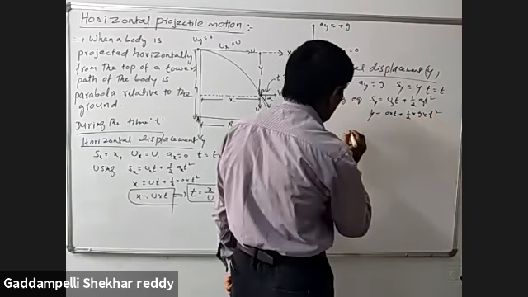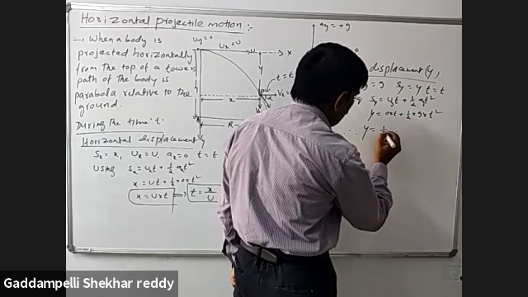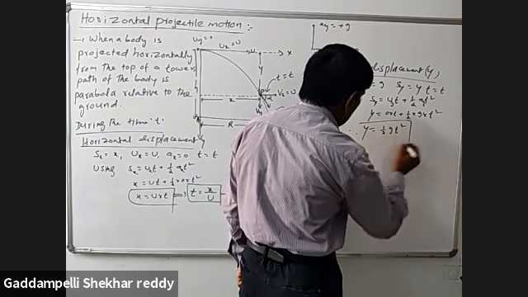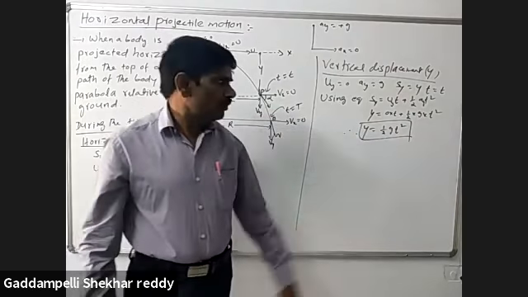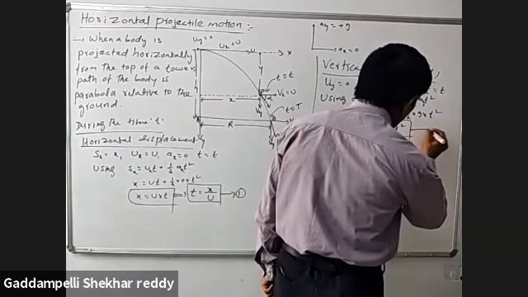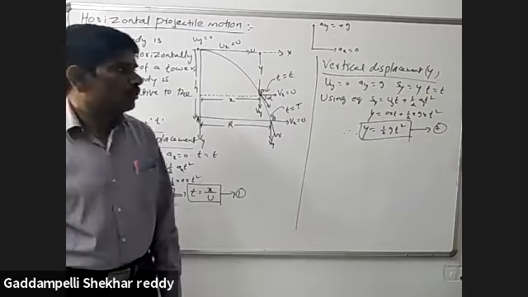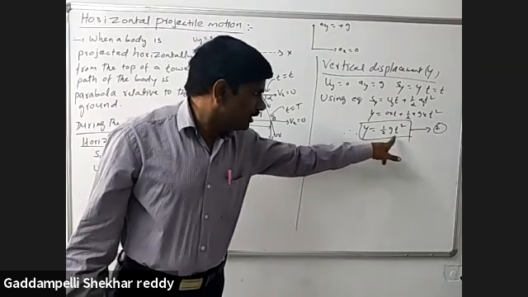Therefore the vertical displacement y is equal to half of g t square. Let it be equation 2.